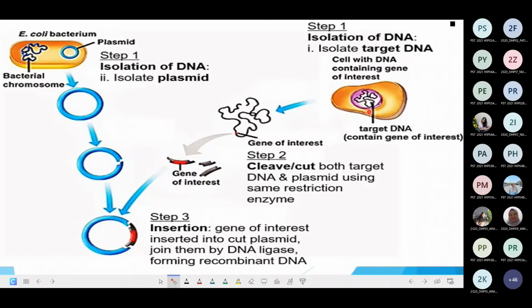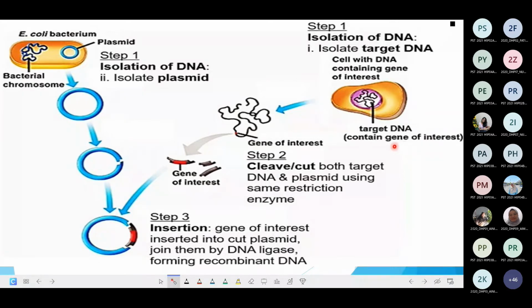We can call this cell the target cell, or the donor cell. The important thing is inside the cell will be the nucleus, and inside the nucleus there will be the chromosome, a particular chromosome that we will consider as the target DNA when it contains the gene of interest.